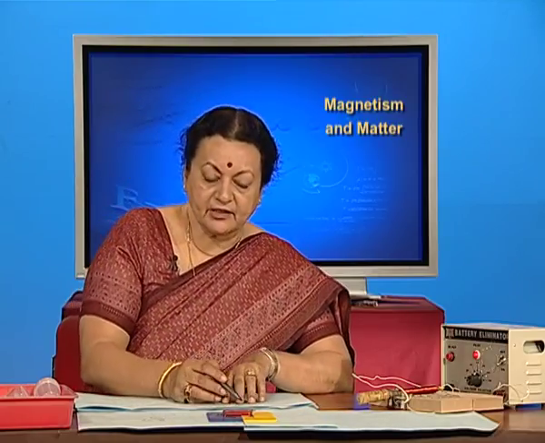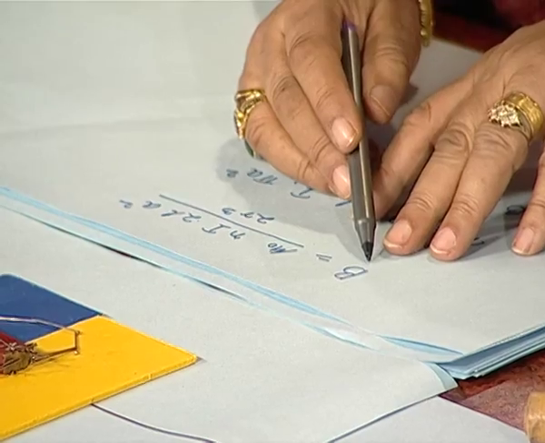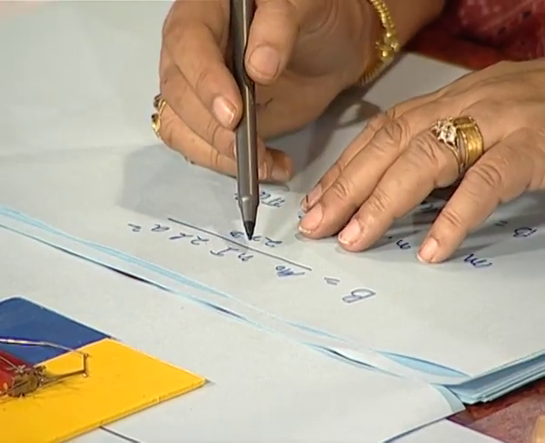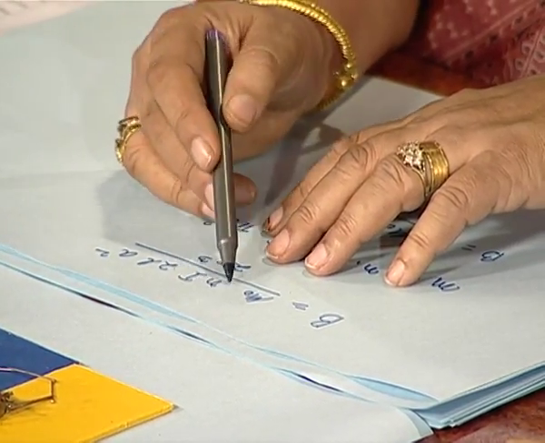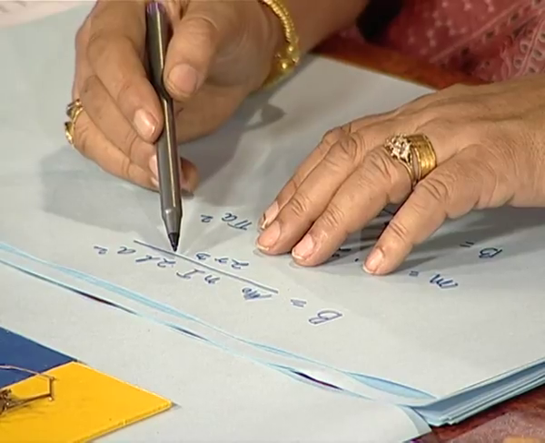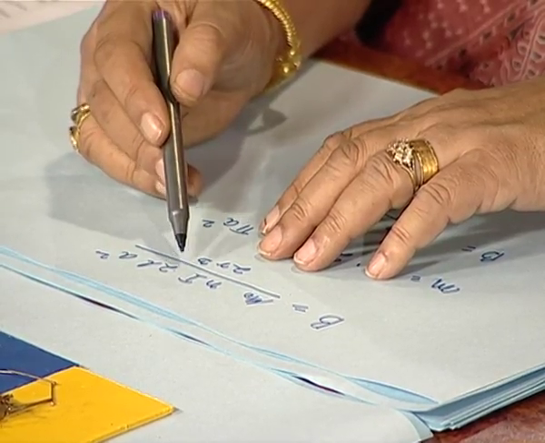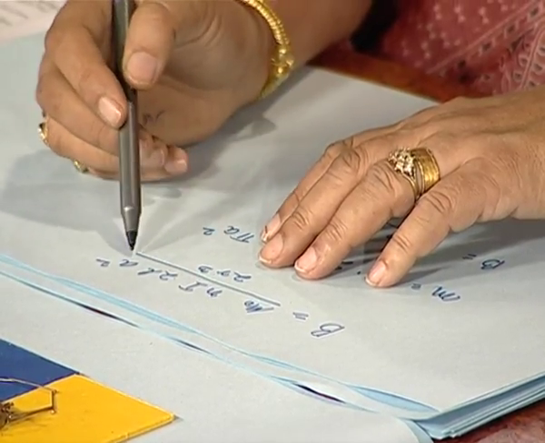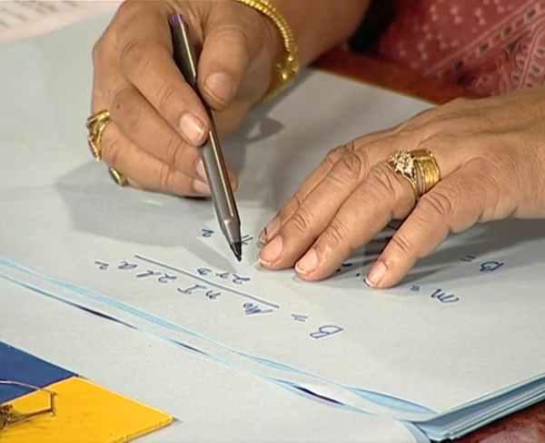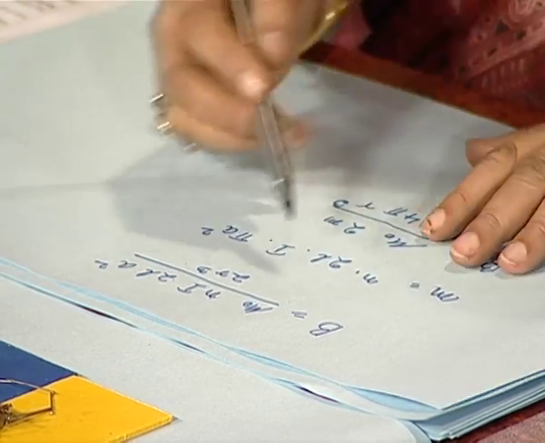So, we now get this expression B is equal to mu naught n I being the total number of turns, and I the current, a square upon 2 r cube.